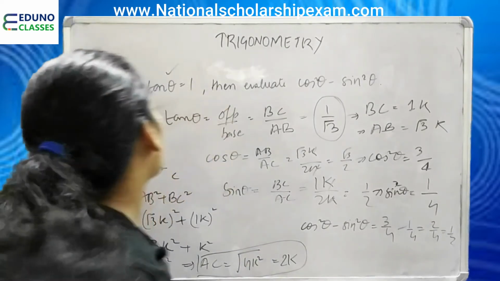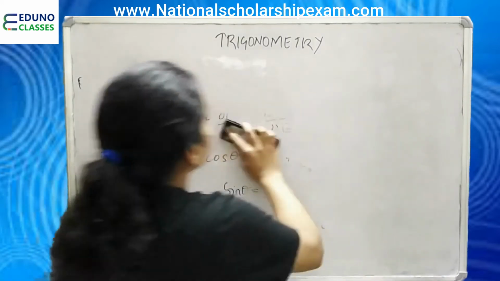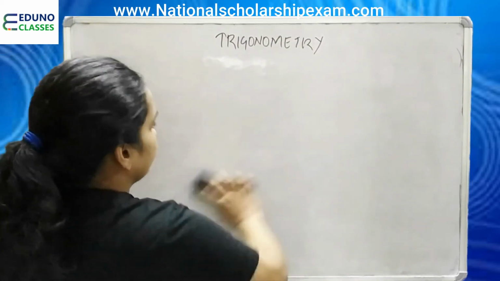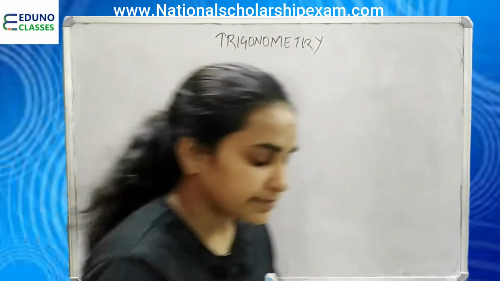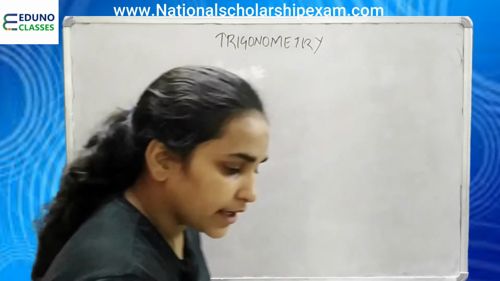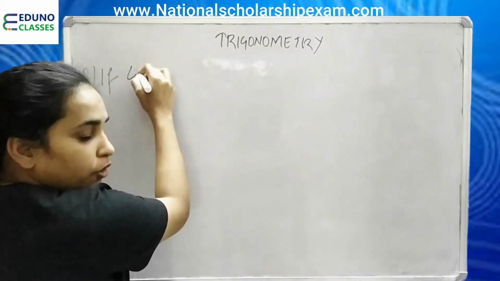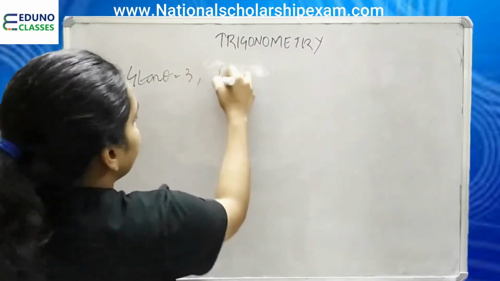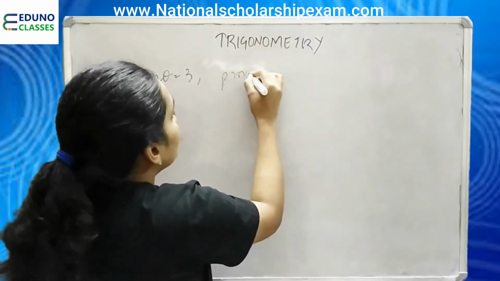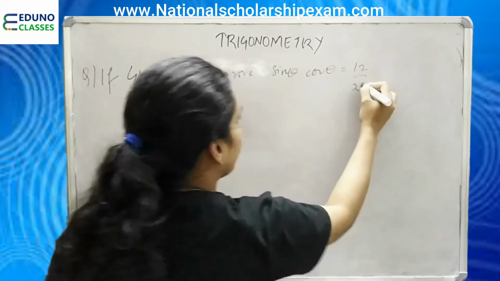Okay, let us take another question. So students, another question you have is, if 4 tan theta is equal to 3, it is asking you to prove sin theta cos theta is equal to 12 by 25.